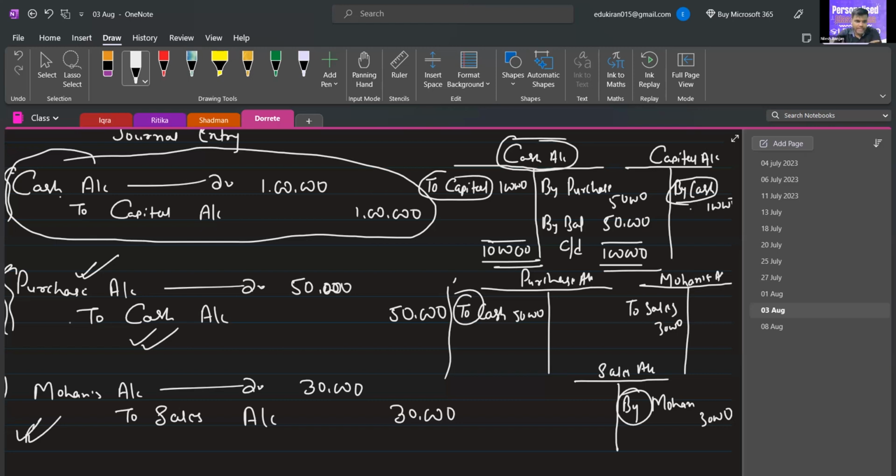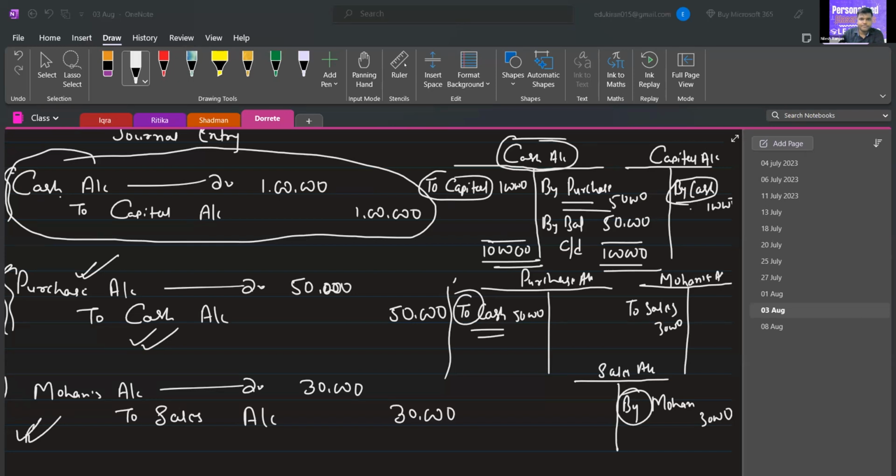In purchase account and cash account. And which side of the purchase account? Purchase account debit side. Yes, in purchase account, it will be debited, and in cash account, it will be credited. So you can see here in purchase account, we have written to cash, and in cash account, we have written by purchase.